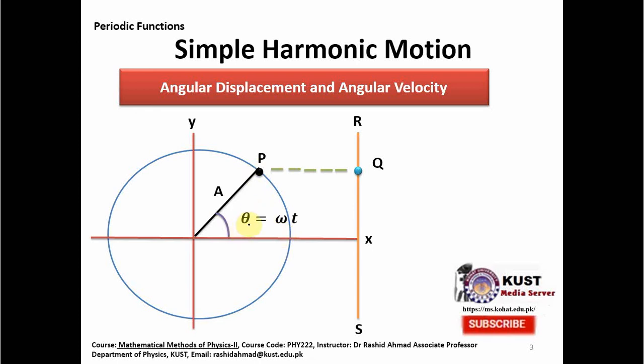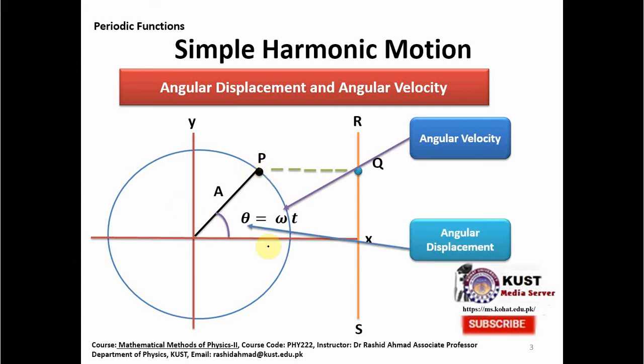Let's write it like theta is equal to omega t, where theta is the angular displacement while omega is called angular velocity. When point P is revolving on the circle, omega is a measure of how fast point P is moving. Theta, the angular displacement, is equal to omega, the angular velocity, times t, the time.